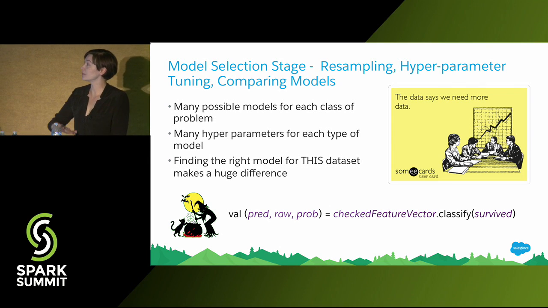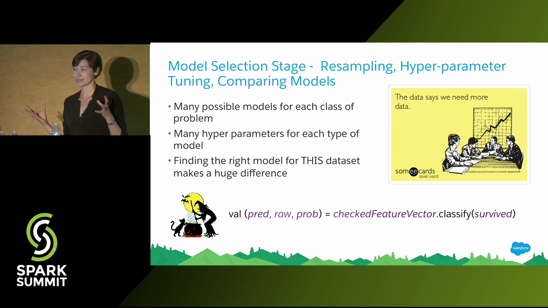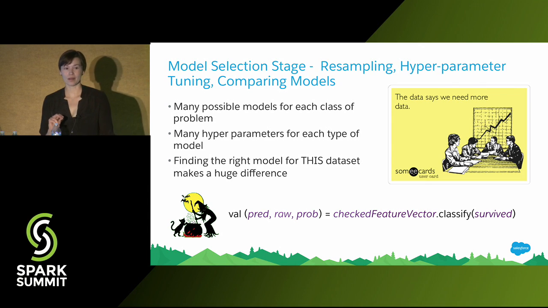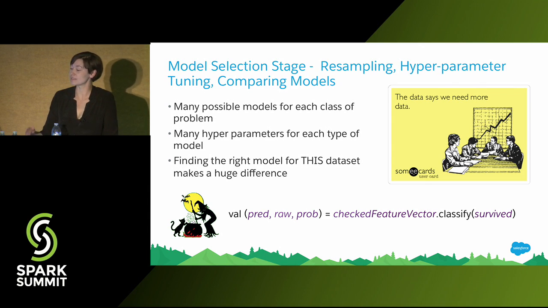So you really need to explore the space of models in order to get the best performance for each customer. What we've done is combine this exploration into a single stage, sort of an Uber stage, that's specified on the type of modeling that you're doing. For instance, for classification, we will test many different models with many different hyperparameters and return the best one against the label that you're using.